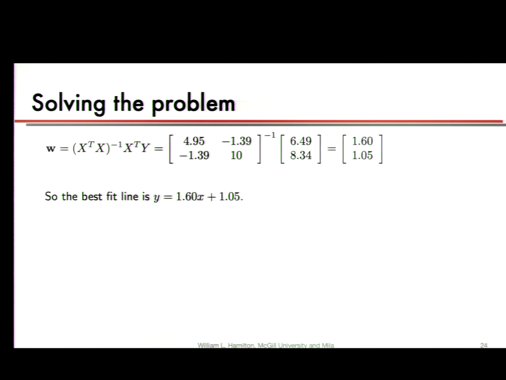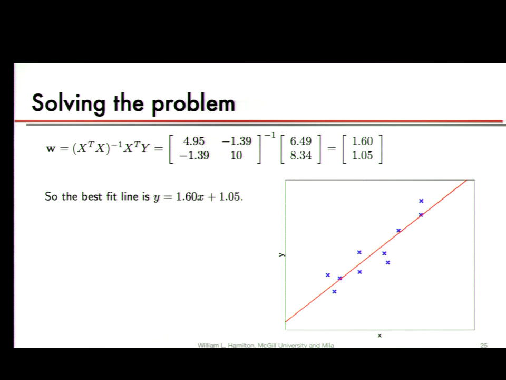And then finally we can solve, say, using our favorite linear algebra software or by hand, and we would come up with the best fit line, which is that our predicted value for y equals 1.6 times x plus 1.05. Or visually, the line that I showed you before.